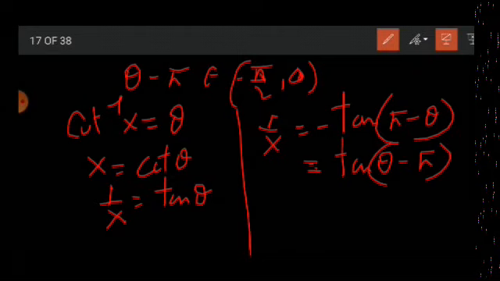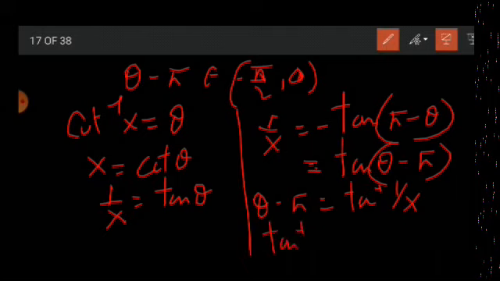So finally, theta minus pi becomes tan inverse 1 by x, and on transposing, tan inverse 1 by x equals minus pi plus theta.